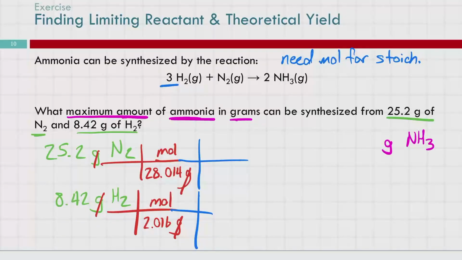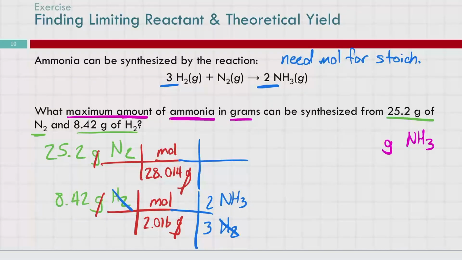So one of them, H2 to NH3. For our H2, that's down here, we put in 3 moles of H2, we get out 2 moles of NH3. So the 2 NH3 goes on the top, the 3 H2 goes on the bottom, the H2s cancel, and we would have units of moles of NH3 if we stopped here.